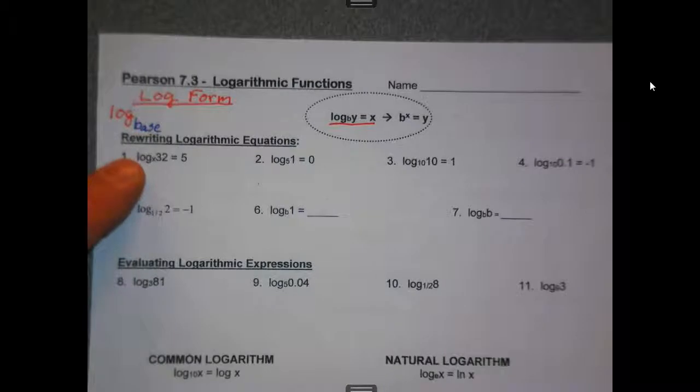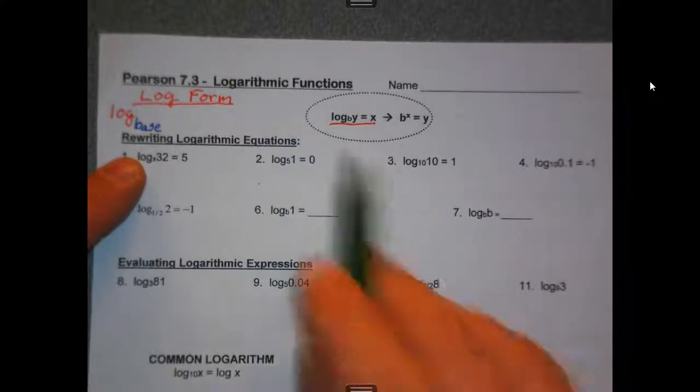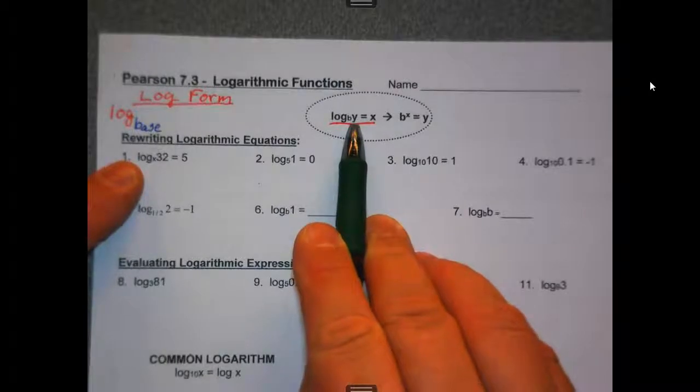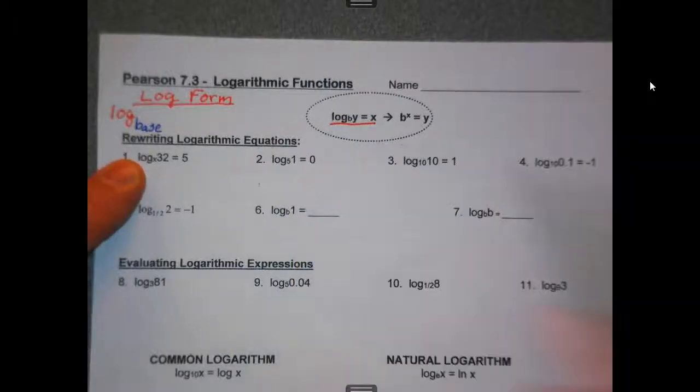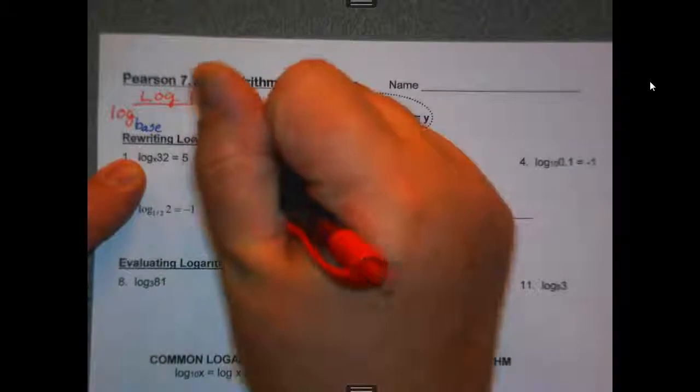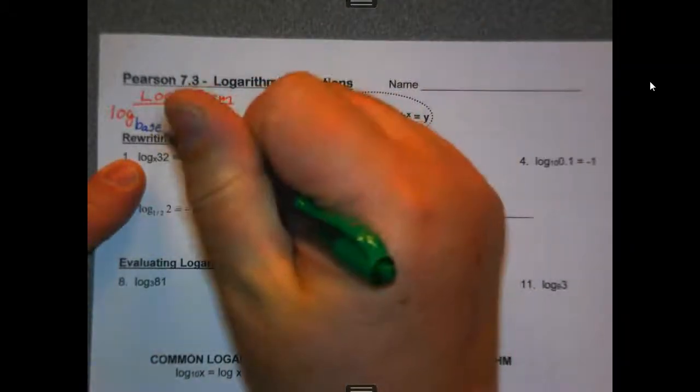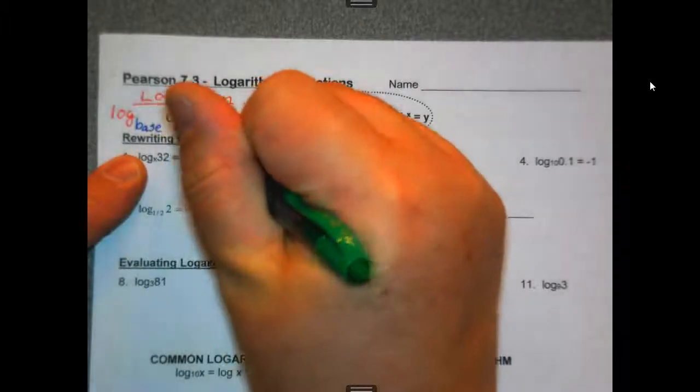Okay? Now, notice next to my log base B, there's a y. Now, y is represented what all this time? Solutions, or our answer, right? It's the same thing here.